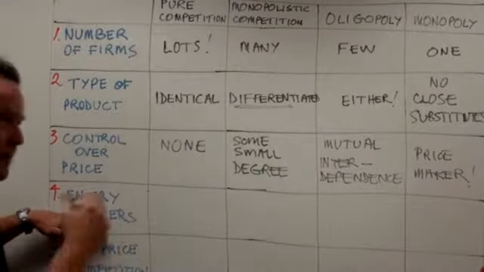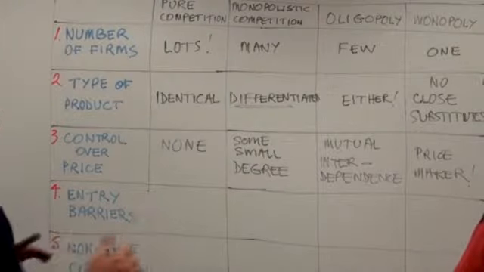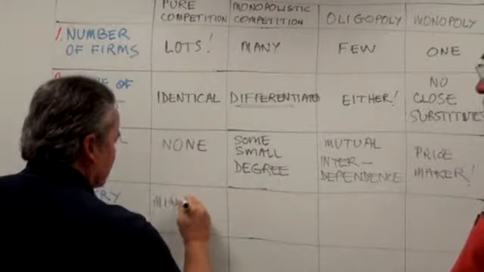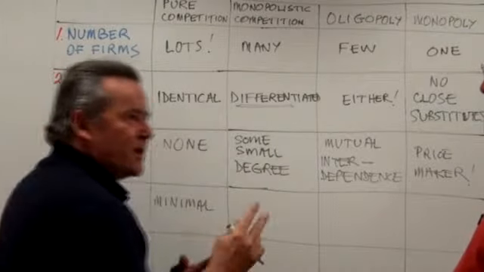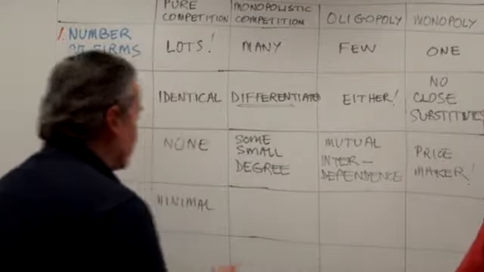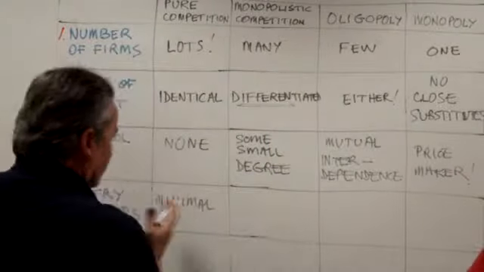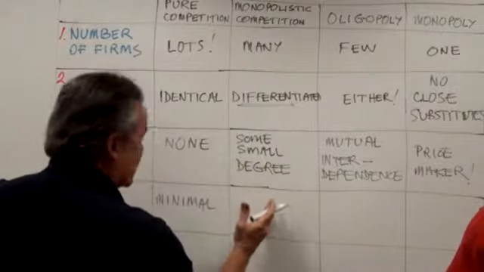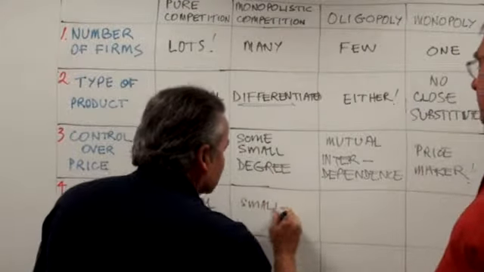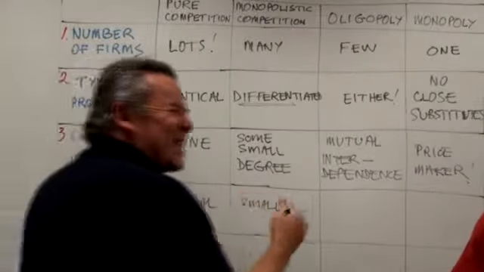How easy is it to enter this industry? Pure competition, minimal barriers. Like no huge amounts of startup capital, no special licenses, no special patents, whatever. And even with monopolistic competition, relatively small amounts of capital outlay required.